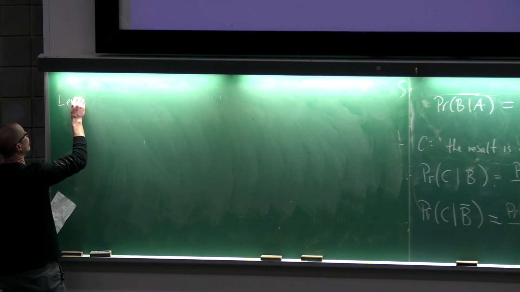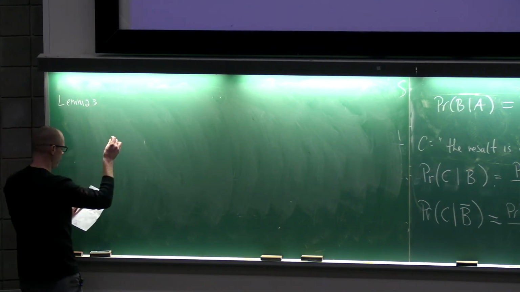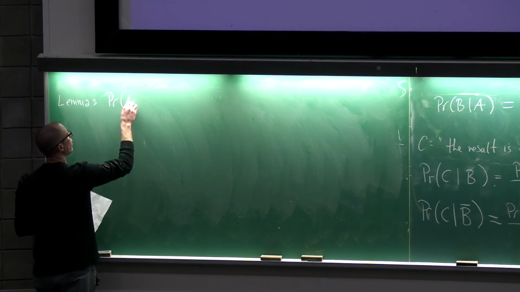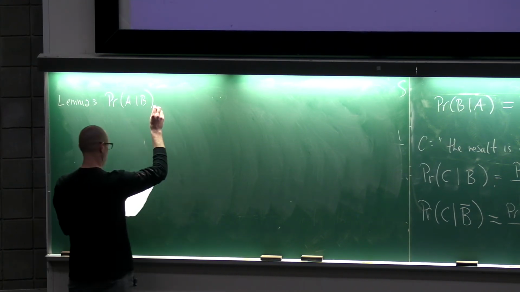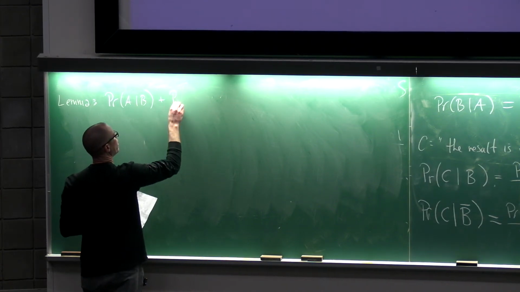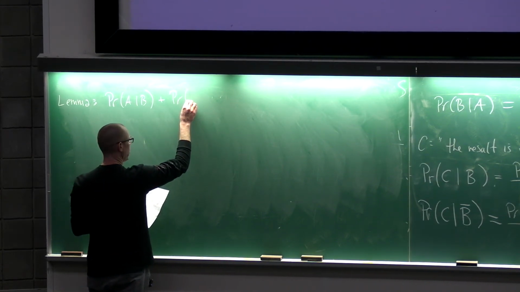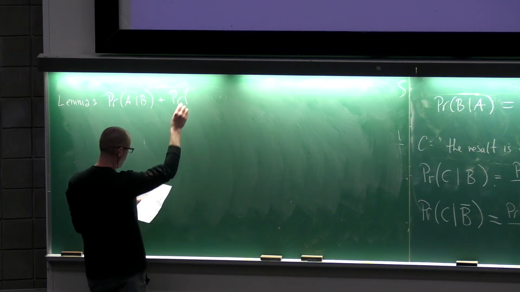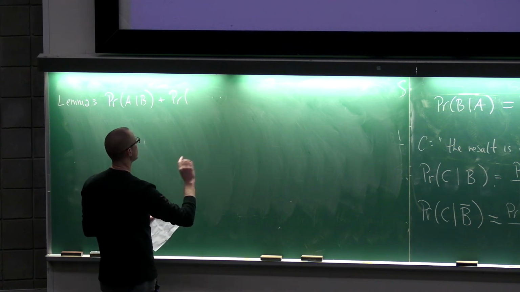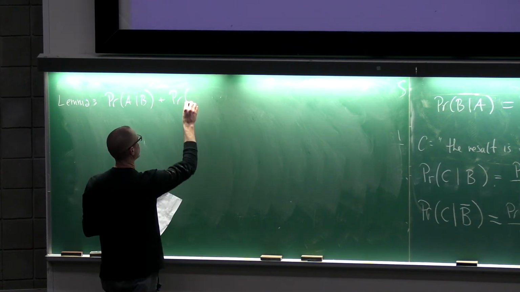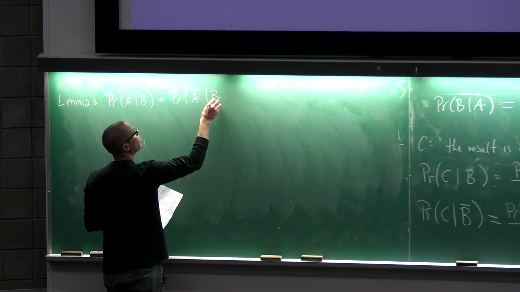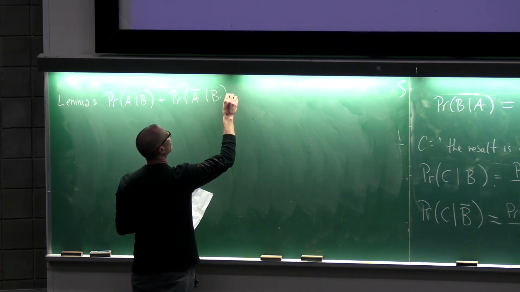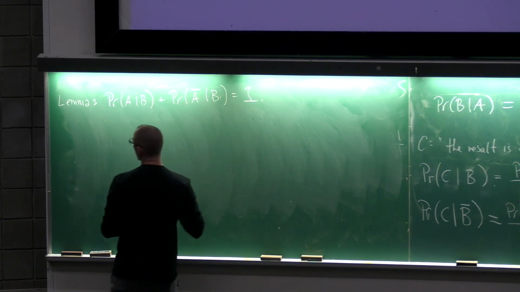So there's a handy result which says that the probability of A given B plus the probability of not A given B is equal to 1.